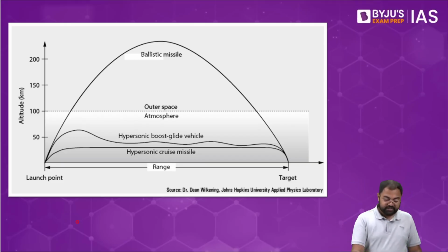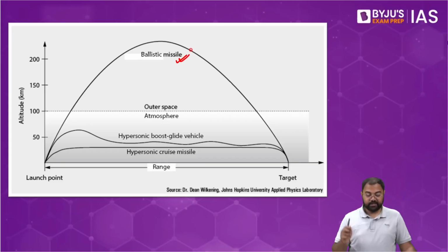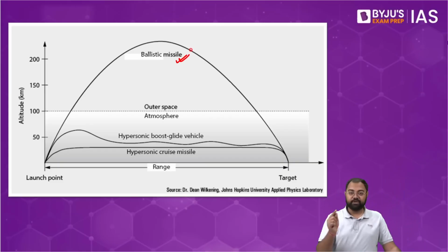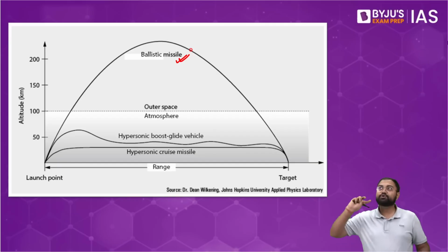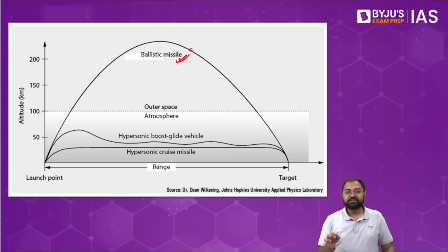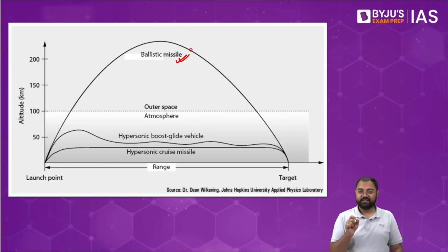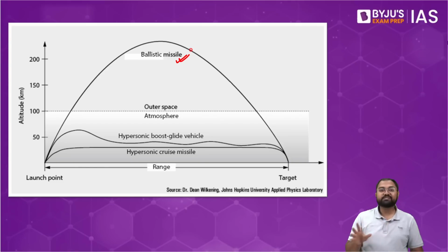Now if you see this, in the case of a ballistic missile, it has a parabolic path. It is just like having a ball and throwing it. When you throw a ball, the trajectory that the ball takes is a parabolic path. Something similar happens with ballistic missiles also. When it comes to cruise missiles, on the other hand, they are different.